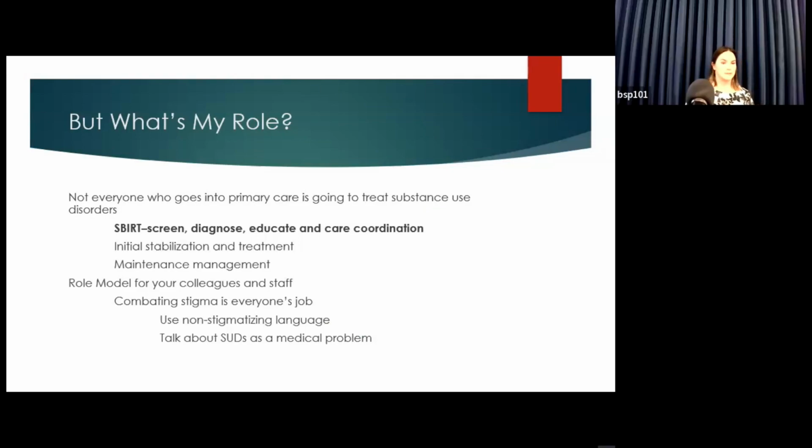So the thing that everyone should be doing is screening, diagnosing, and educating their patients. I think that's a pretty easy piece. We're going to go into it because it's not always the easiest, but that's probably the part that everyone in primary care should be doing. Initial management and stabilization of patients, so helping patients detox, getting them onto maintenance medications.